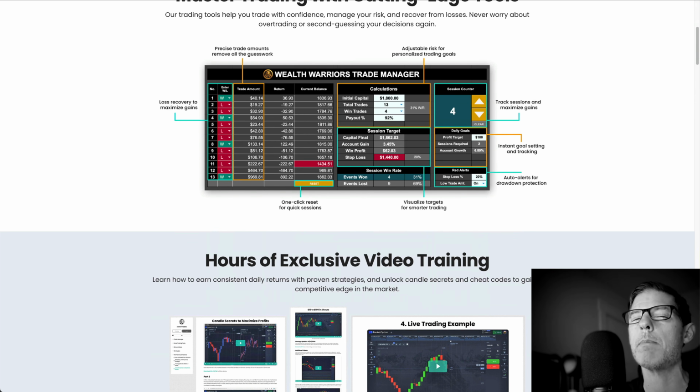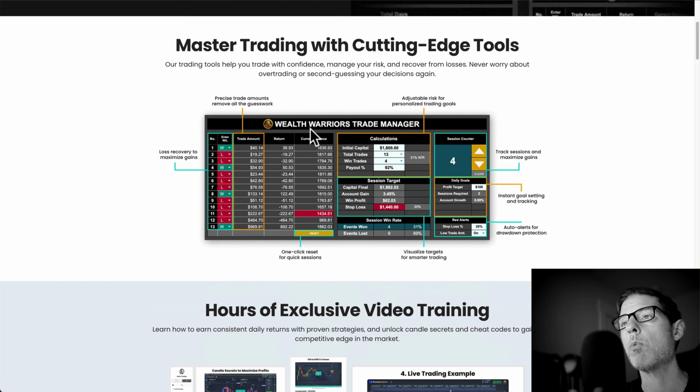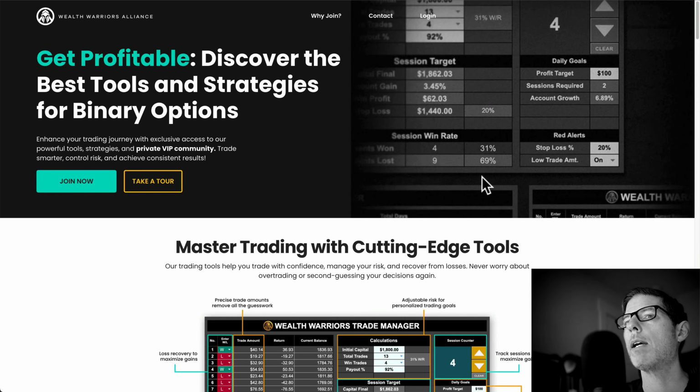A strategy can kind of be an edge a little bit, but really it all comes down to money management. How are you managing the funds inside of your account? Once you get the math in place, and if you have advanced algorithms, such as the Wealth Warriors Trade Manager, to do all of those mathematical calculations for you, it just makes life so much easier. It really does.